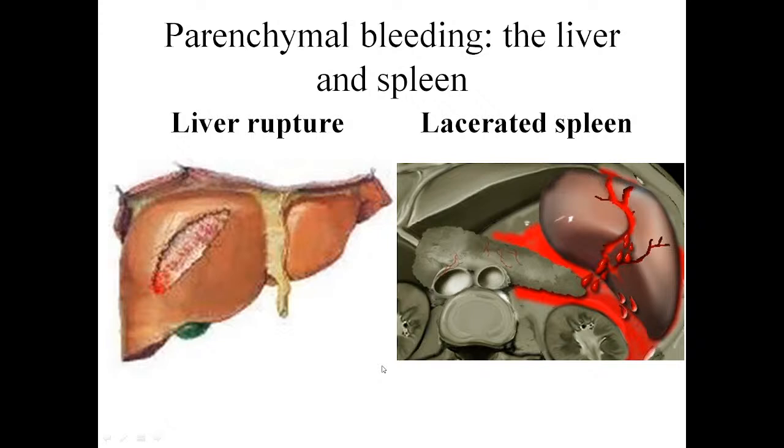Student, the next type of anatomical classification of bleeding is parenchymal bleeding. Usually parenchymal bleeding is from the liver and spleen. Now in this slide, in the first picture you can see the liver rupture, and in the second picture you can see the lacerated spleen.